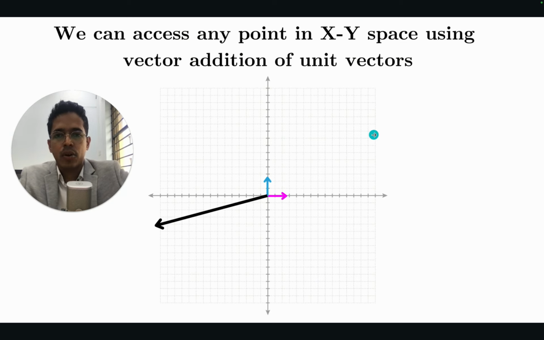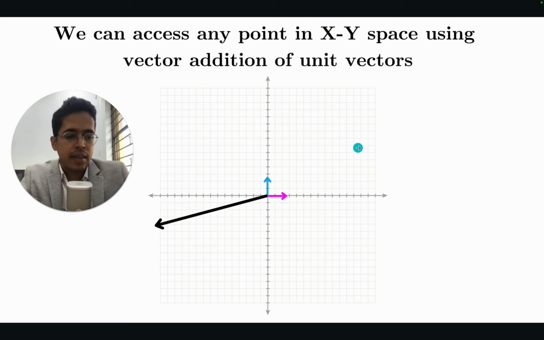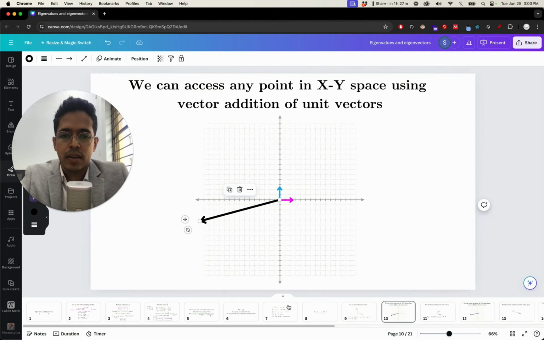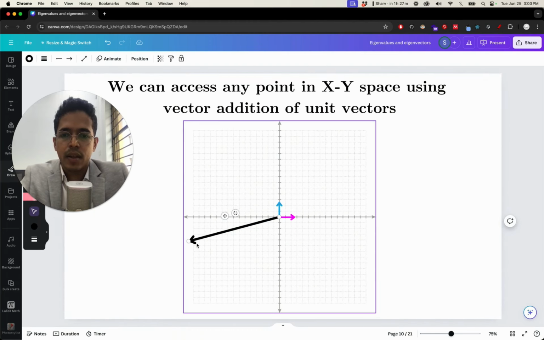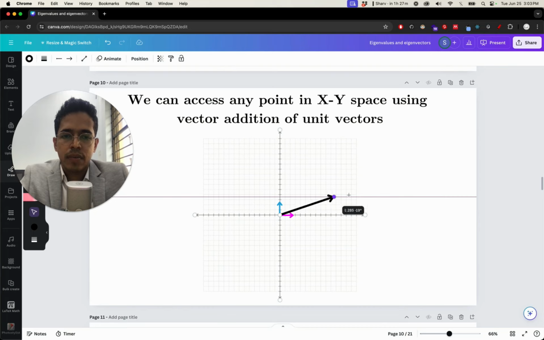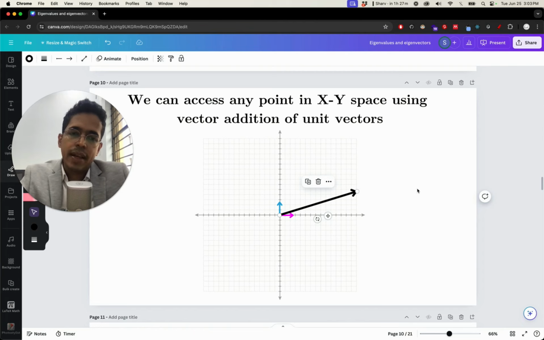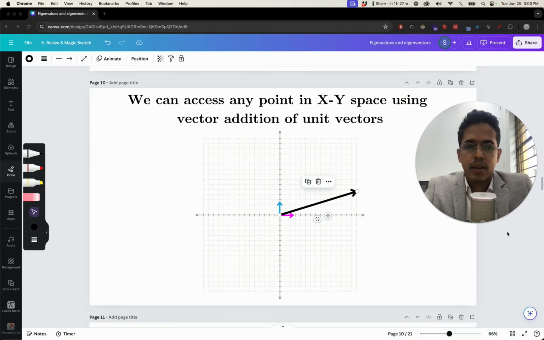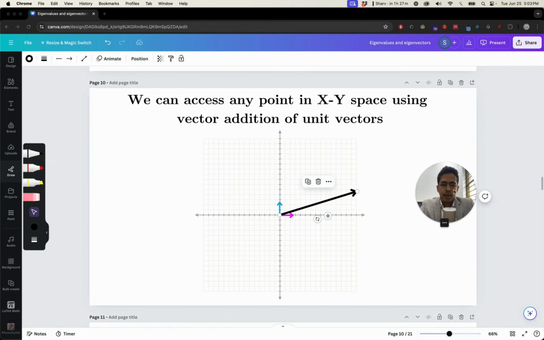What it means is the following. Let's say we have a vector that looks like this, this black color vector. If we place the vector over here, this can be expressed in terms of the unit vectors. So how is that?